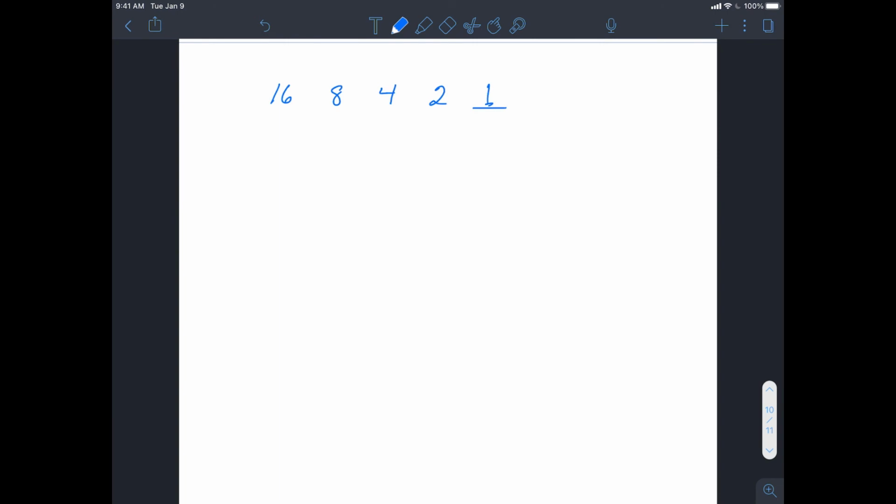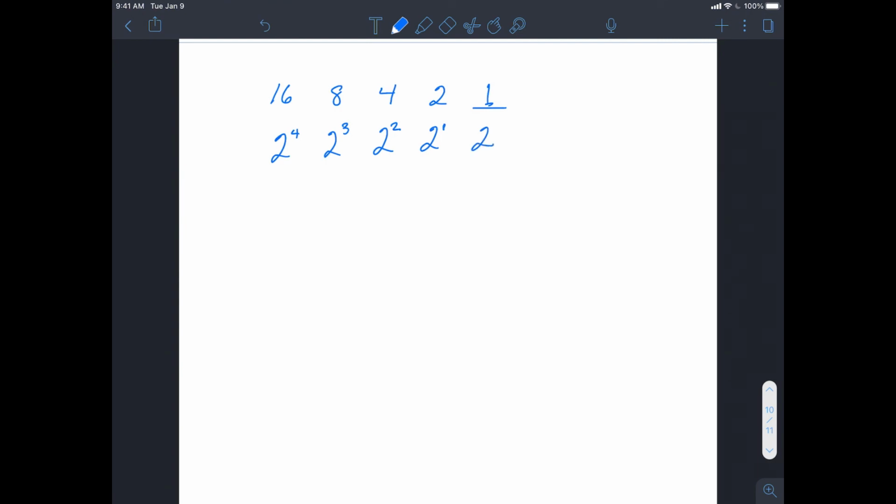So that makes sense. Now let's take a look at these in exponential notation. 16 is 2 to the 4th, 8 is 2 to the 3rd, 4 is 2 squared, 2 is 2 to the 1st. So what logically comes next?